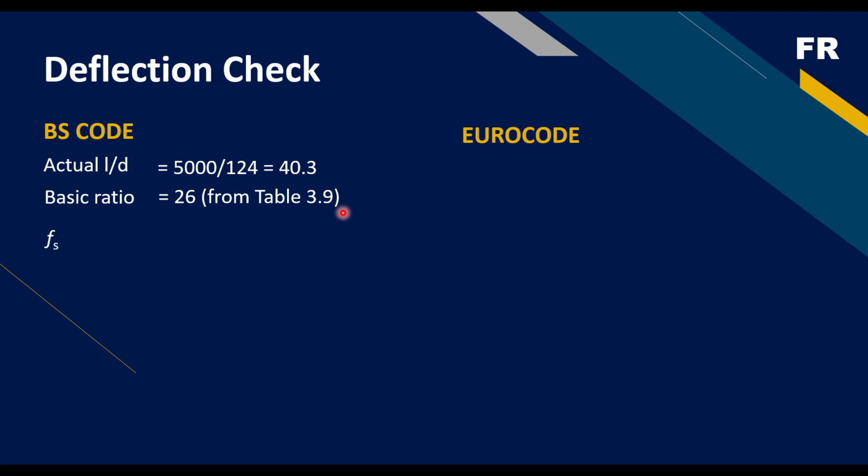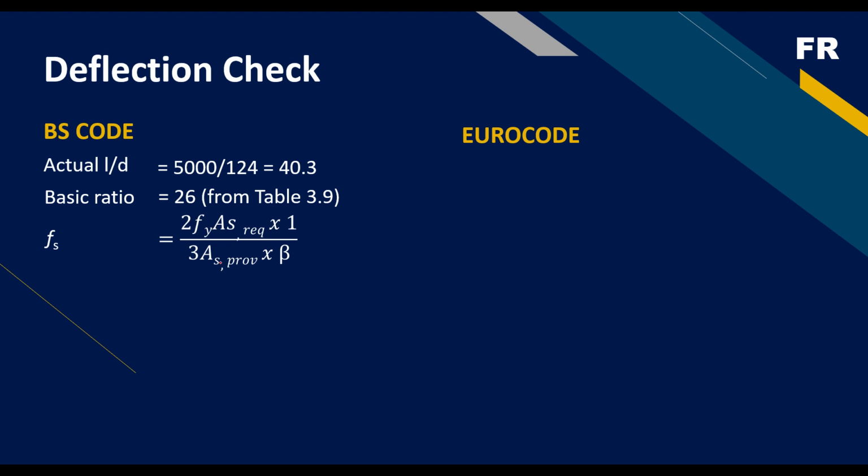So the next thing we need to calculate is the stress ratio, and this is given by this formula: a comparison of the required reinforcement against the provided reinforcement. Here, we substitute 2 times Fy. We know what Fy is, the characteristic strength of the reinforcement, 410. The As required, that is the area of reinforcement calculated as required, divided by 3 times As provided, the area of reinforcement you provide.